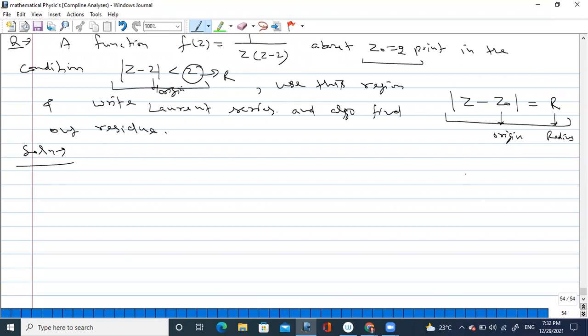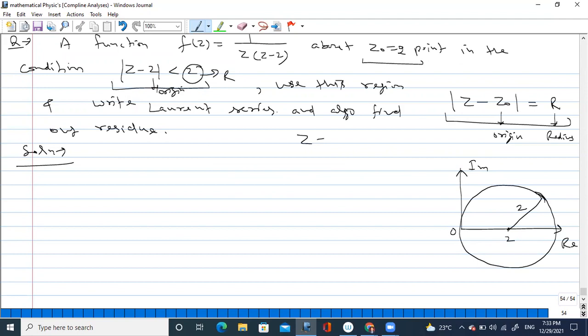Understood? On the Argand plane, this is the real axis, this is the imaginary axis. So this is the origin, this is the 2 point. So that 2 will be considered as the center, and from here, taking radius 2, you have to draw one circle. So this is the circle. This is z minus 2 less than or equal to 2.